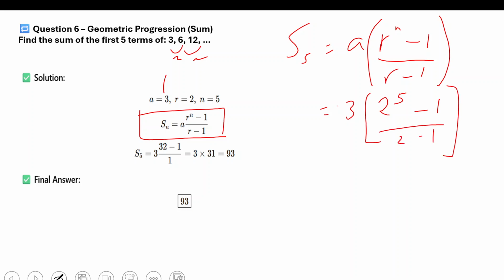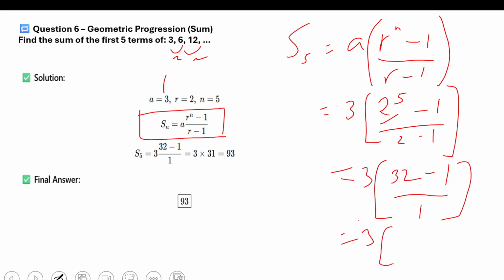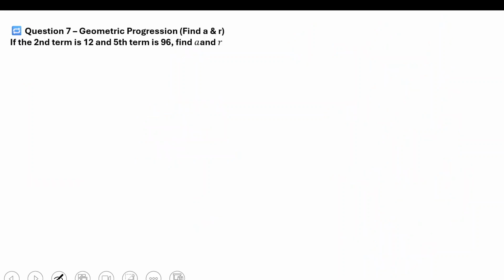So 3 open big brackets, 2 to the power 5 is 32 minus 1, over 1, because 2 minus 1 is 1. So I have 3 open brackets, 31, because 32 minus 1 is 31. By the time you multiply this, I'm getting 93. So that is the final answer, the sum of the first 5 terms of a GP. GP means geometric progression.